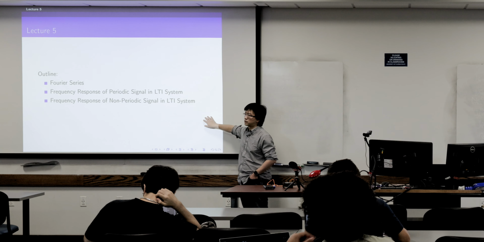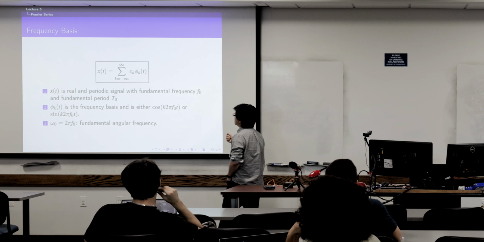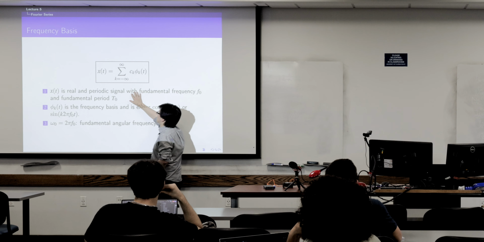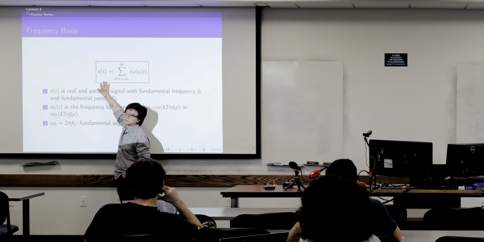c k are some kind of coefficients, and phi k are functions. Those functions are called bases. The idea is that we want to use the phi k to represent any x of t. In this particular case, each phi k is a periodic signal, and x of t is also a periodic signal.